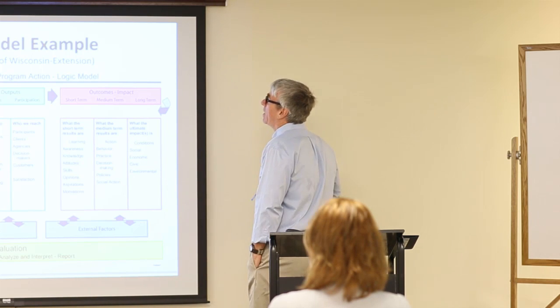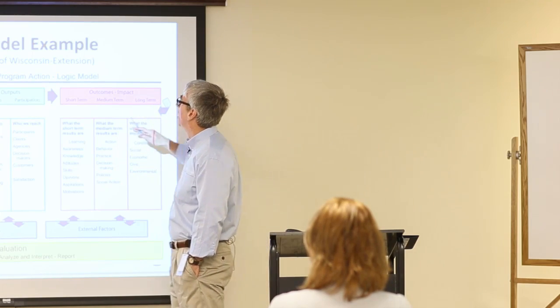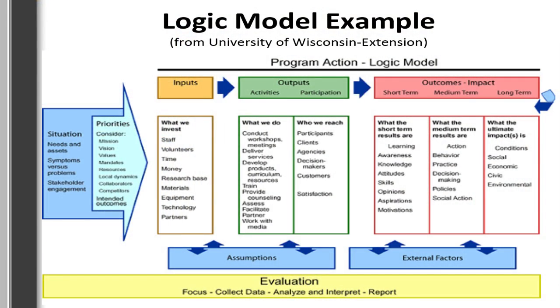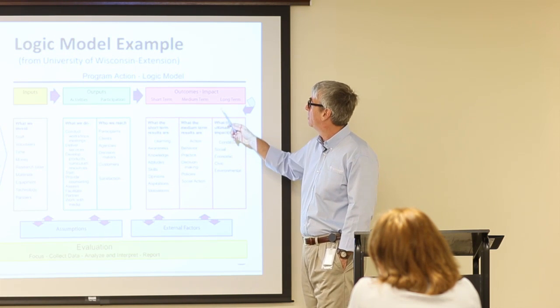So what have we got here? This is a description of a program: inputs, outputs, and outcomes. This asks us, as a project or program, to be specific about these types of things.